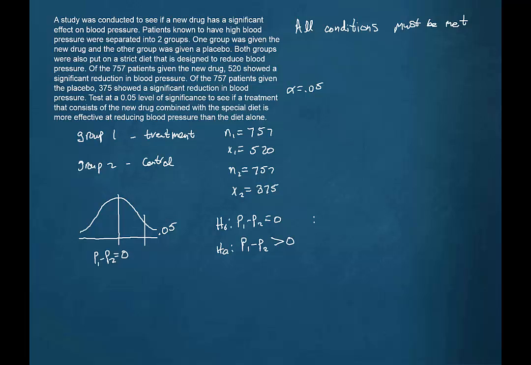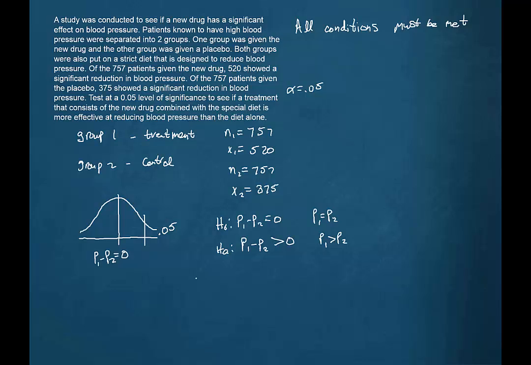Now this could also be presented as p1 equal to p2, which is the same as p1 minus p2 equal to 0, and paired with that, p1 greater than p2, which is the same as p1 minus p2 greater than 0 if we added p2 to both sides. So it could be presented in either way, this pair or this pair.